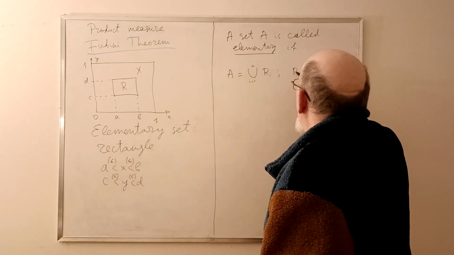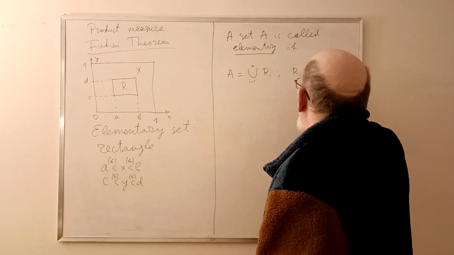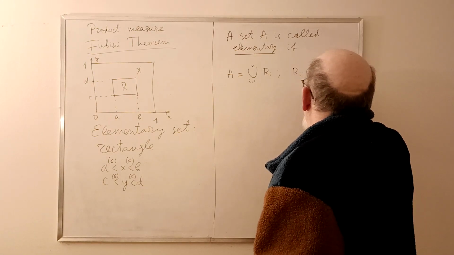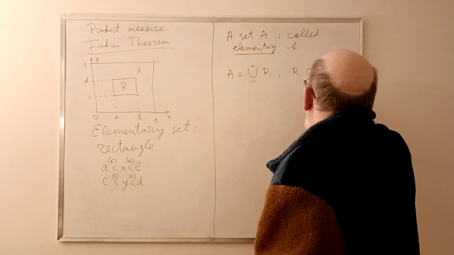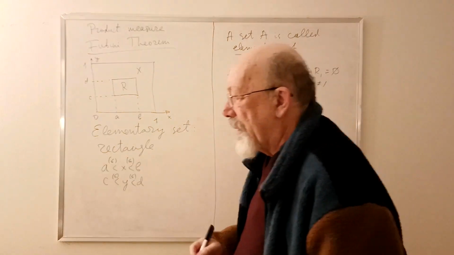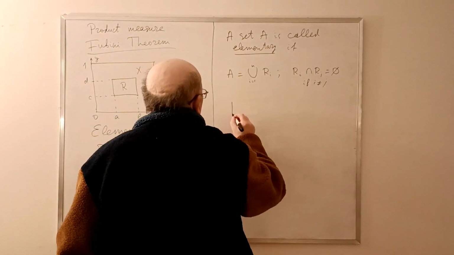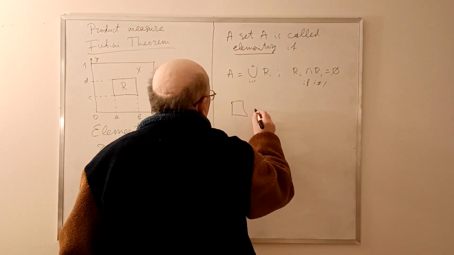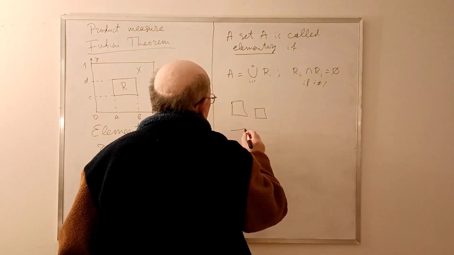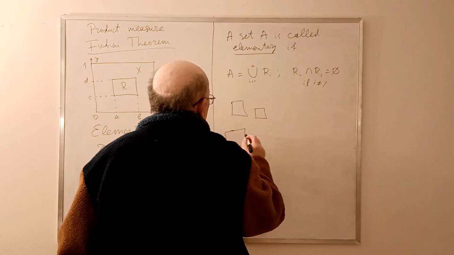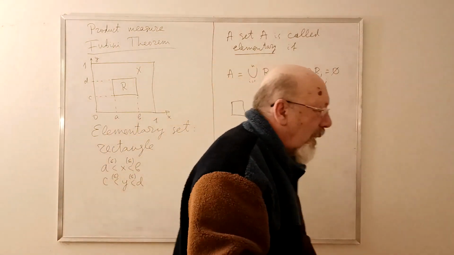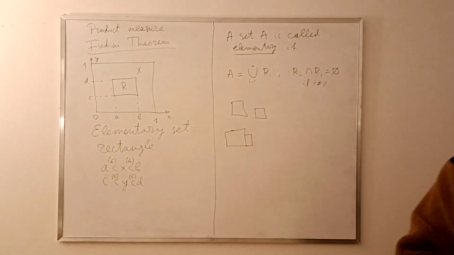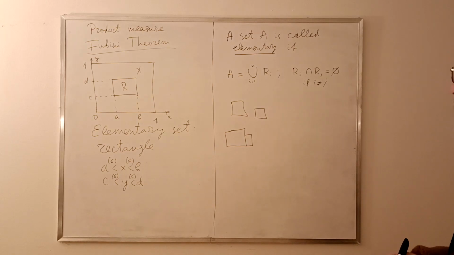This means Ri intersection Rj equals empty if i is different from j. So it can look, for example, like this, or something like this, and so on. So these are all elementary sets.